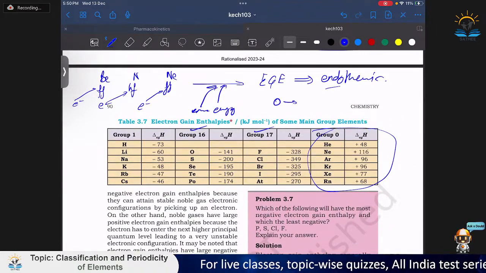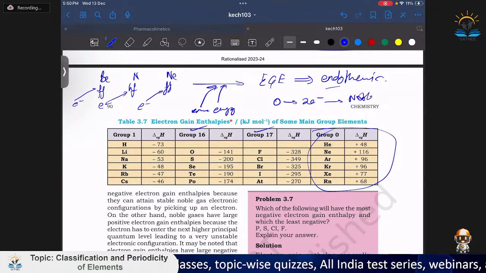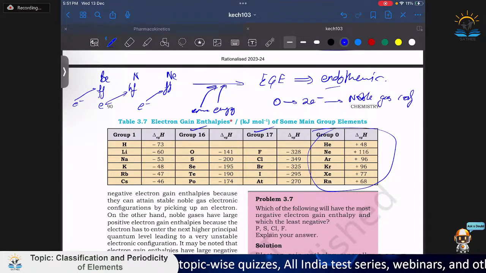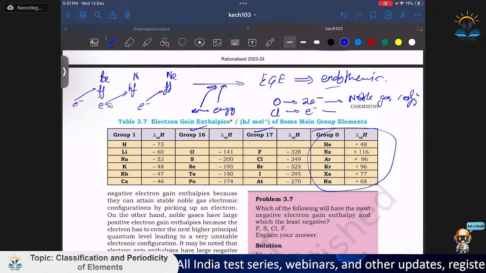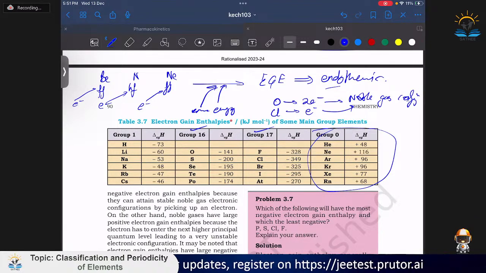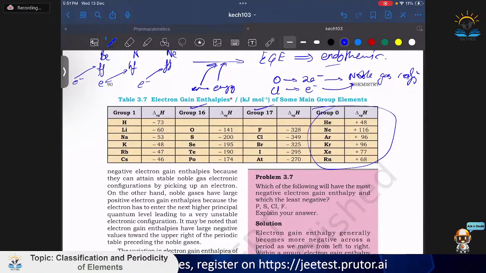See, oxygen needs 2 electrons to go to noble gas configuration. Similarly, chlorine or any halogen needs 1 electron to go to a noble gas configuration. You give them an electron, they're hungry for it to achieve this noble gas configuration. Otherwise, they would have to lose some 6 electrons. So it is better to gain 2 rather than losing 6, right?